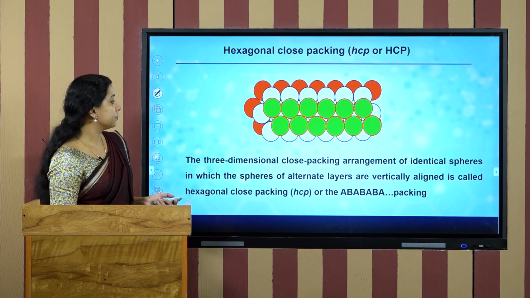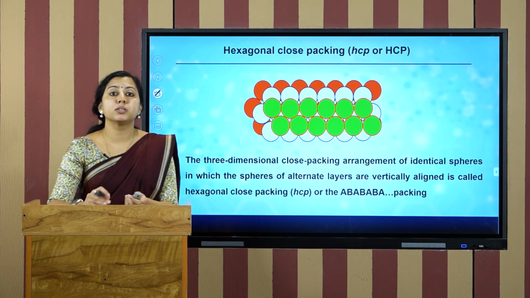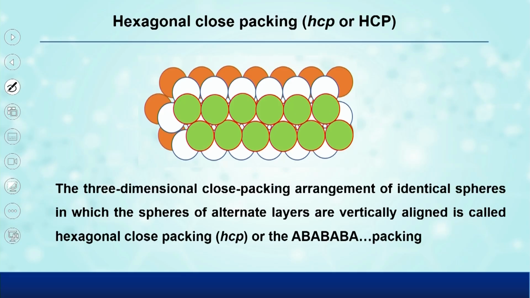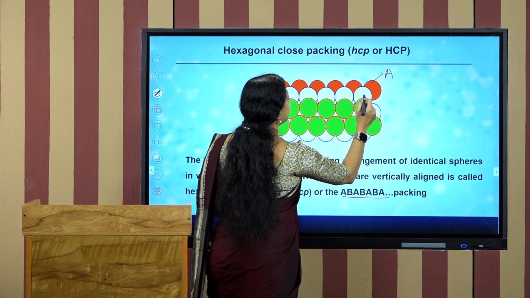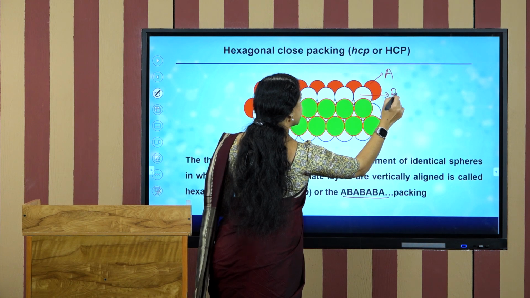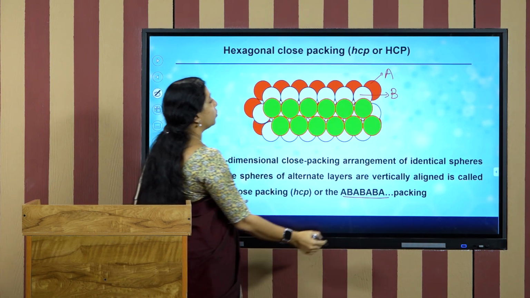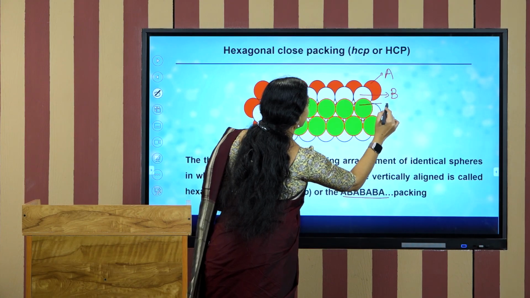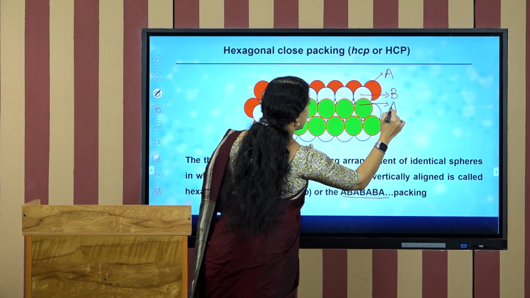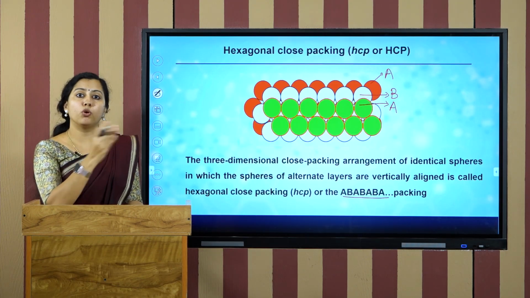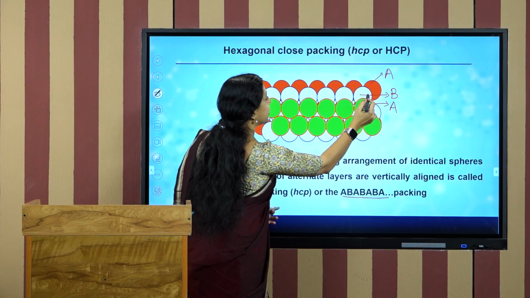So, the 3-dimensional close packing arrangement of identical spheres in which the spheres of the alternate layers are vertically aligned is called hexagonal close packing, or it is also known as the ABABA type packing, because this first layer is A, the second layer is placed onto the depressions of the first layer, so that is named as B. Now, the third layer is again vertically aligned over the first layer, so it is again equivalent to A. So, if we place a fourth layer above it, then that will be similar to that of the B layer.